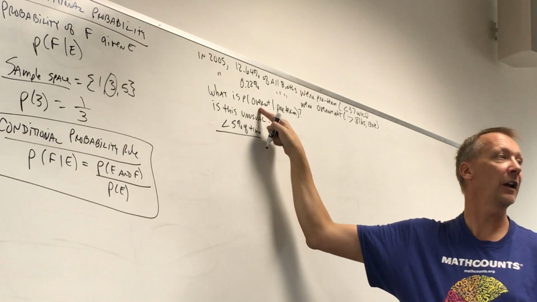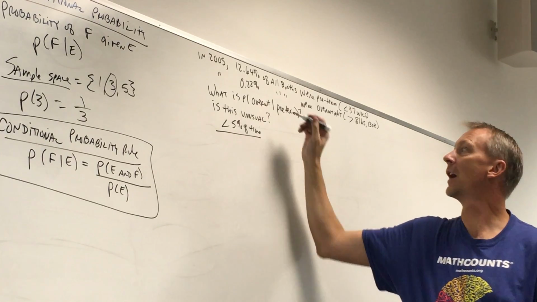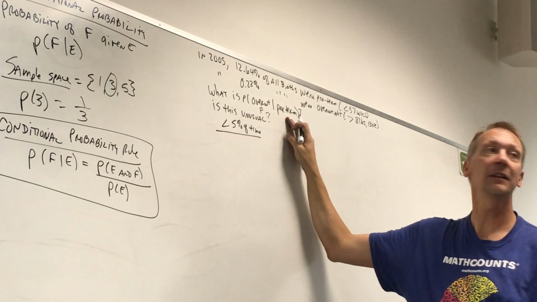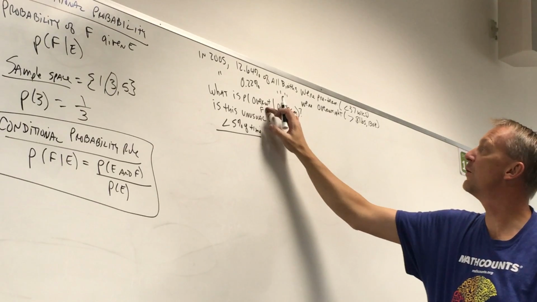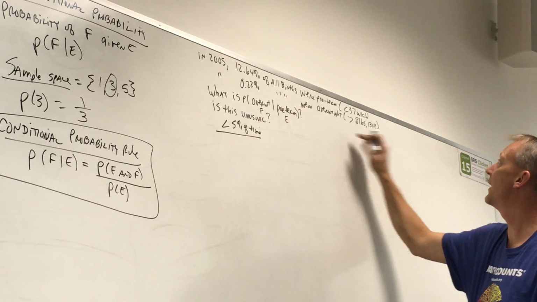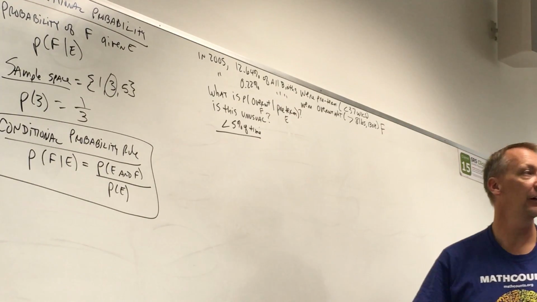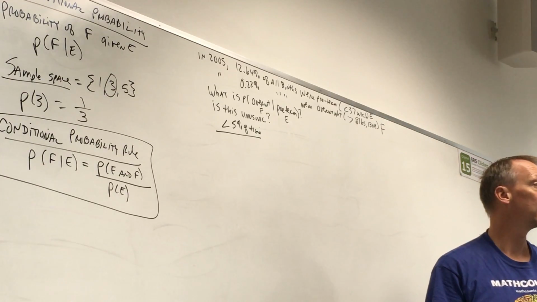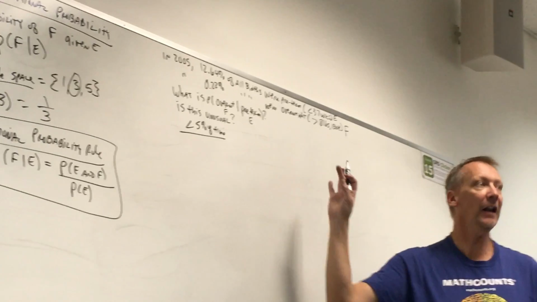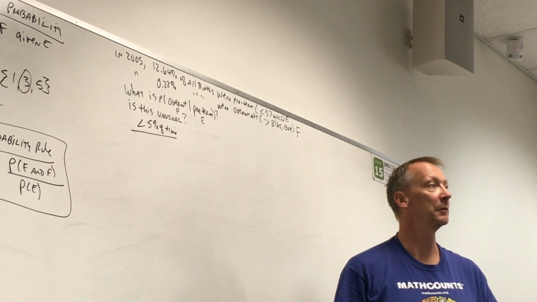So what letter should I represent that by? Oh, that's letter F, and this is letter E. So if overweight is F, then this becomes event E. Correct? That's going to be very helpful for figuring out this problem.